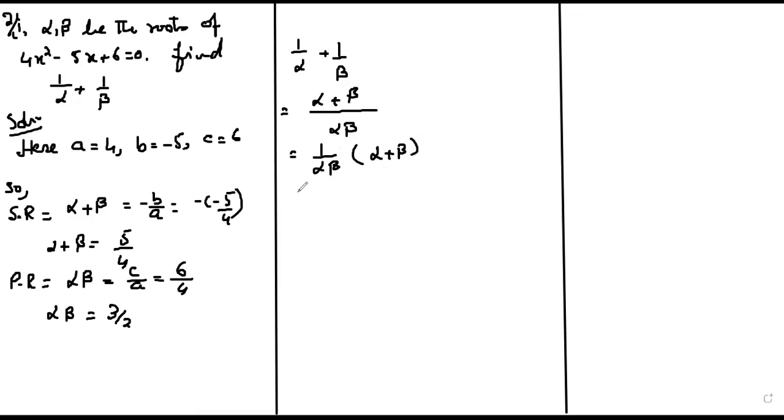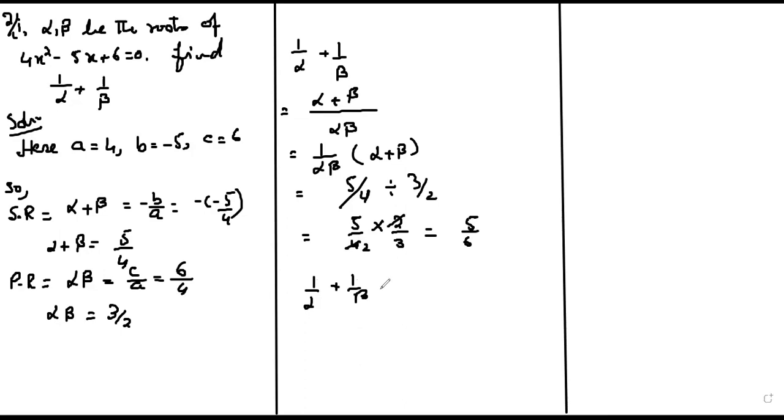Right, so it will be 5 over 4 divided by 3 over 2. Or we may say 5 over 4 times 2 over 3. Right? So it will be 5 over 6. So now the value of 1 over alpha plus 1 over beta is equals to 5 over 6. And this is our final answer.